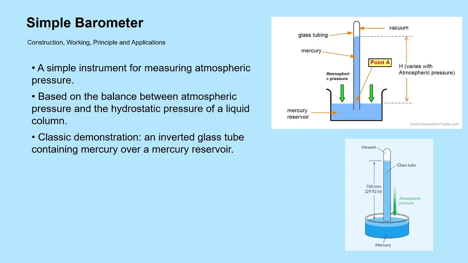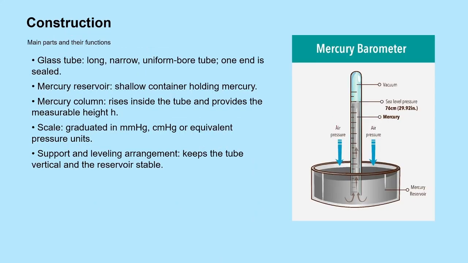Now come to the simple barometer. So this is the diagram of a simple barometer that you can draw in the exam. Like this is a beaker, or you can understand from this diagram. This is a mercury reservoir, and this is a tube that is inverted, and air pressure is acting on this side and mercury is going upside.